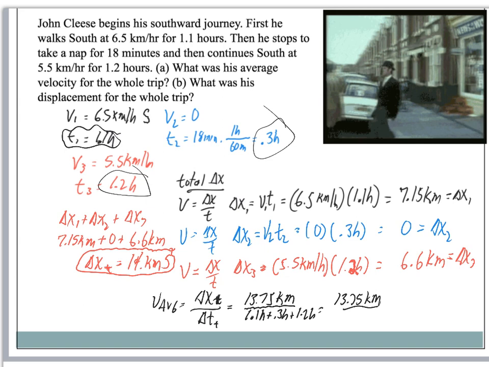That gives us a total of 2.6 hours when we add those up. So now we're going to take 13.75, divide it by 2.6, and we end up with 5.3 kilometers per hour is the average velocity.